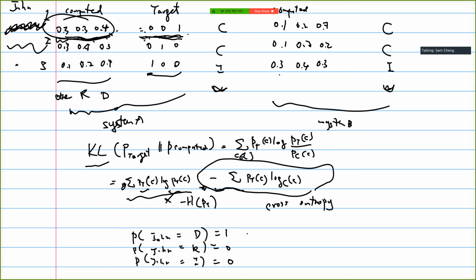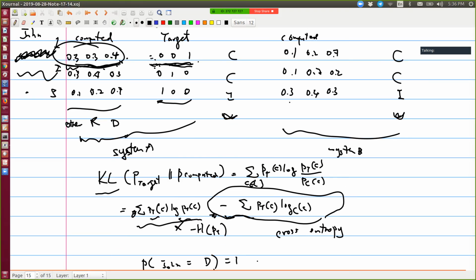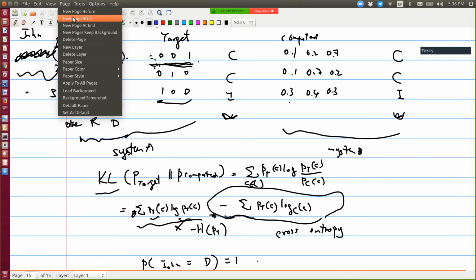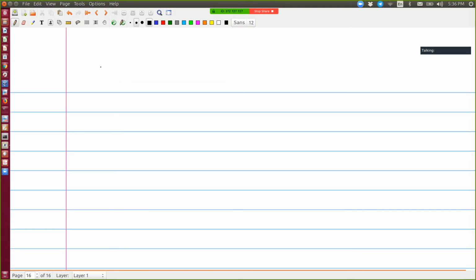I have one more example. Let's look at another example, again some use for KL-divergence. So here is an example for text processing.